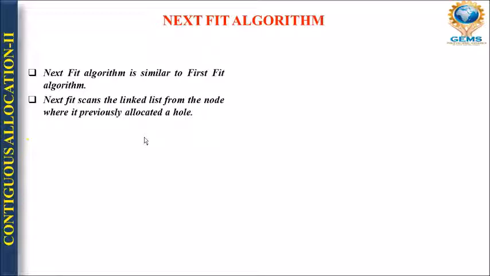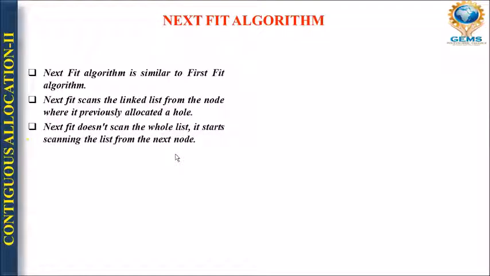In first fit we are not bothering about the vacant space, but in next fit, first of all we will try to find the vacant hole. If a vacant hole is not found, then it will go for the next memory location. Next fit does not scan the whole list, it starts scanning the list from the next node.